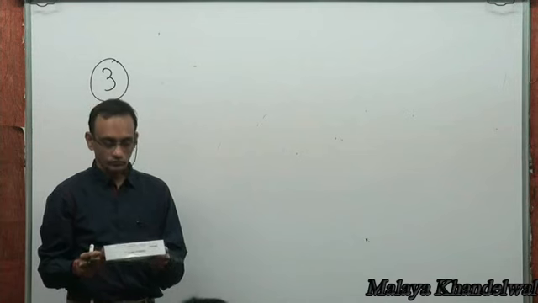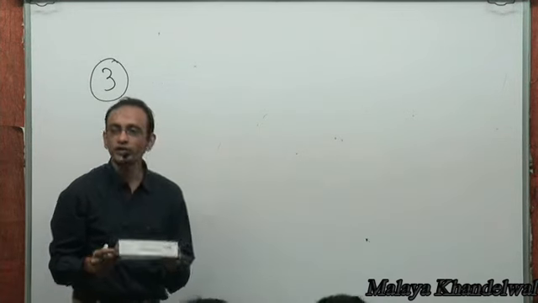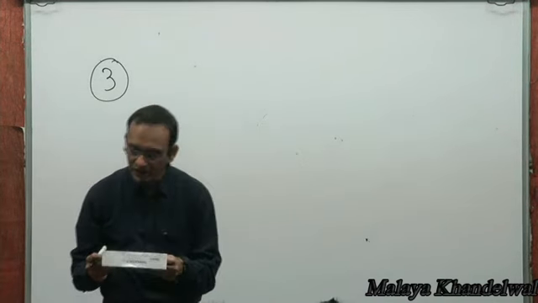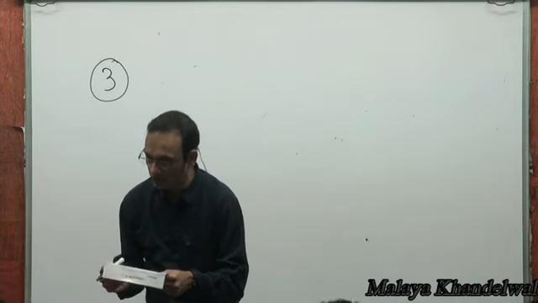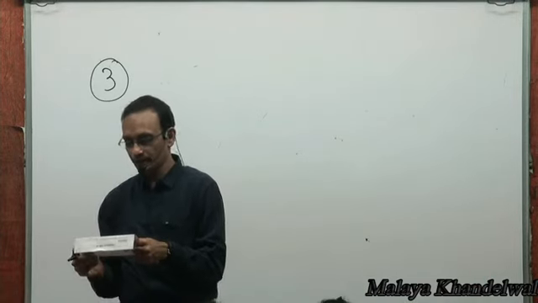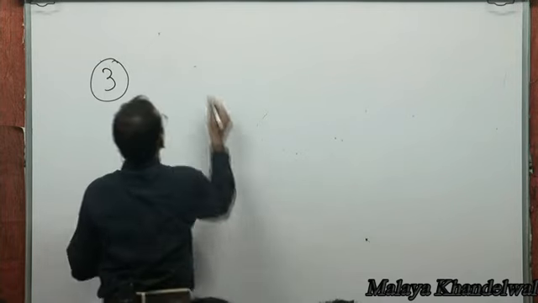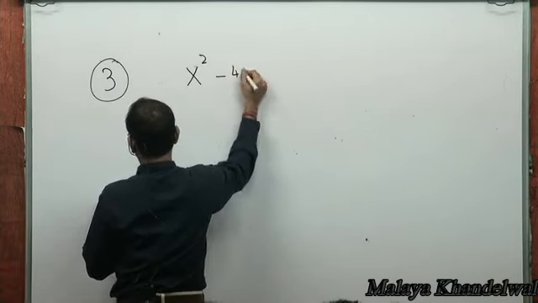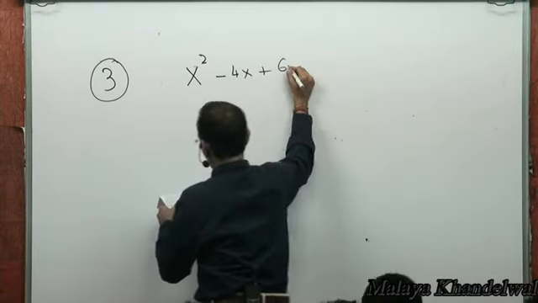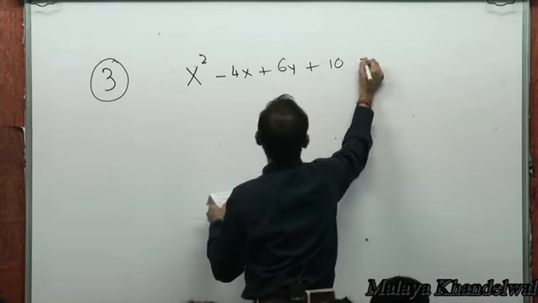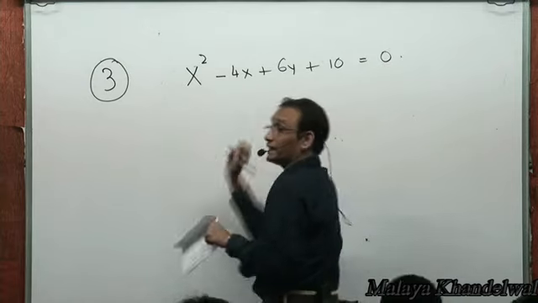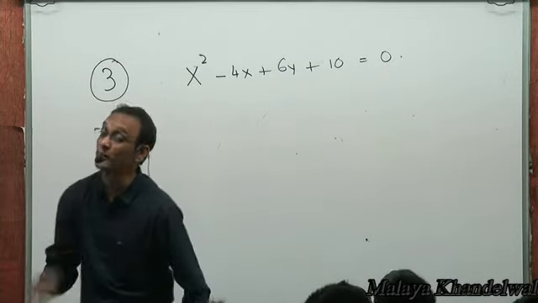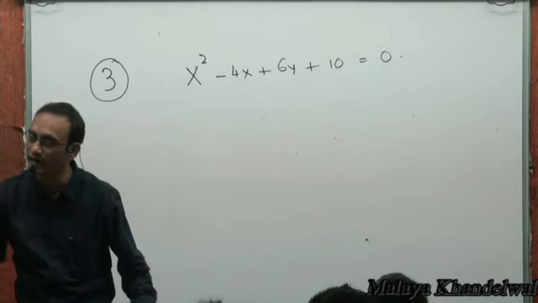Now, a circle drawn having its diameter equal to the focal distance of any point on the parabola. What is given is this parabola: x squared minus 4x plus 6y plus 10 equal to 0. Y, a quadratic in x, will be a parabola whose axis is parallel to the y-axis, right?